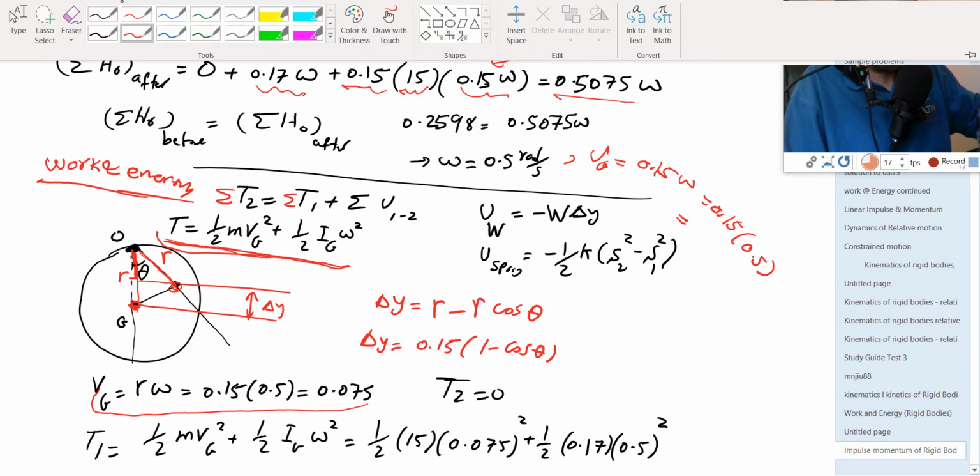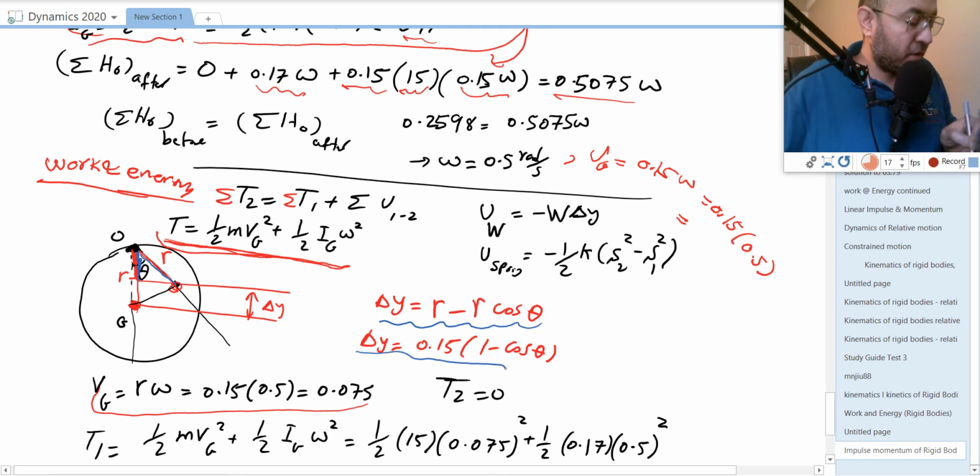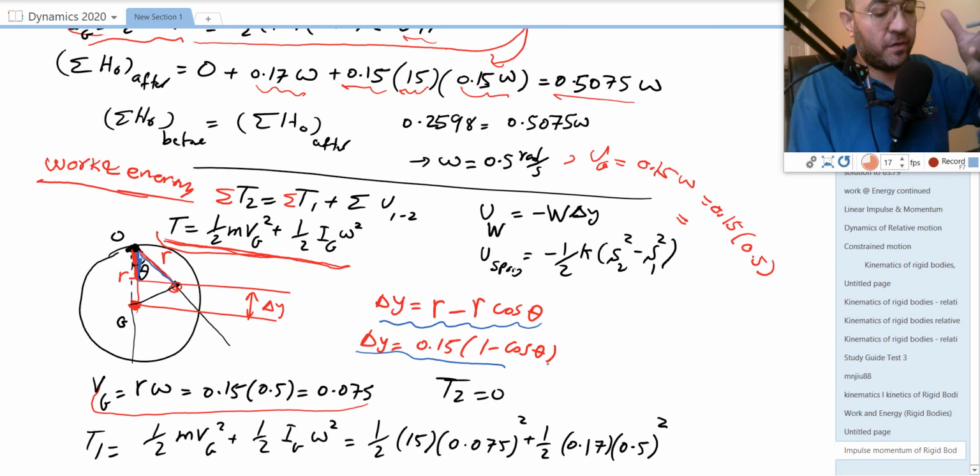This is R cosine theta, and the whole one is R. Delta Y is R minus R cosine theta, so you can simplify this: delta Y is equal to 0.15 into 1 minus cosine theta. T2 is 0 because we want to find the maximum height before the disk comes to a stop.